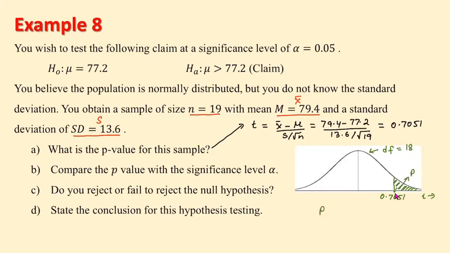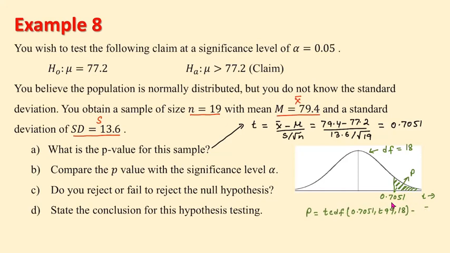So this P value is equal to tcdf. We use tcdf with lower boundary 0.7051, upper boundary E99, and degrees of freedom 18. If we simplify this using the calculator, we can easily find our P value.